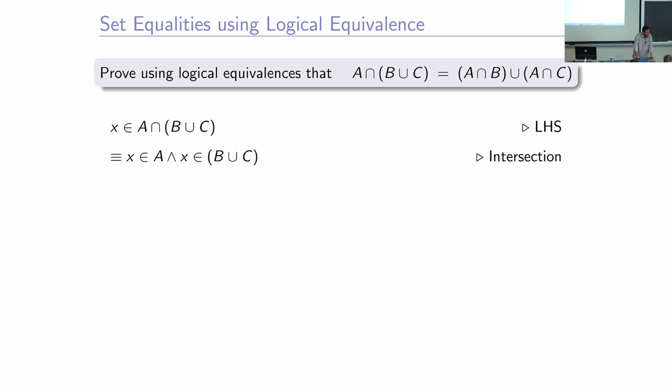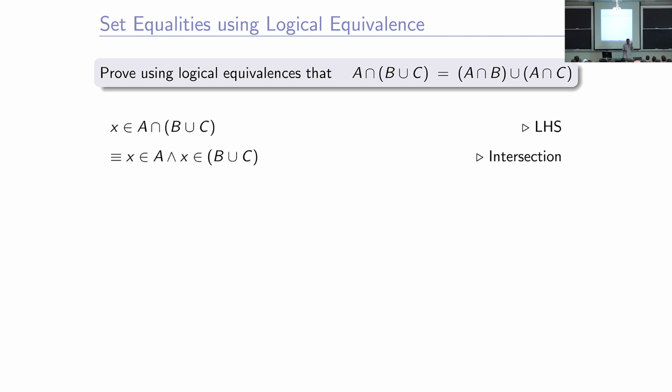X in A and X in B. If this predicate is true, then that element is in A intersection B. So in this case, this sentence is exactly logically equivalent to this sentence. Does anyone have any issue with this? X is in A and X is in B union C, right? Now, let's apply the definition of union here. What does it mean, X is in B union C?